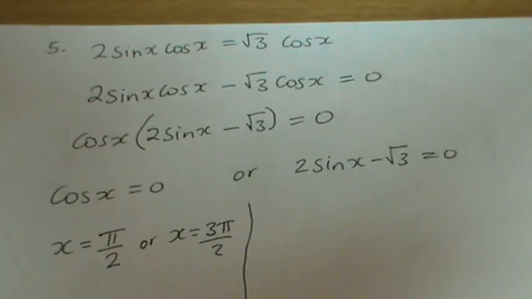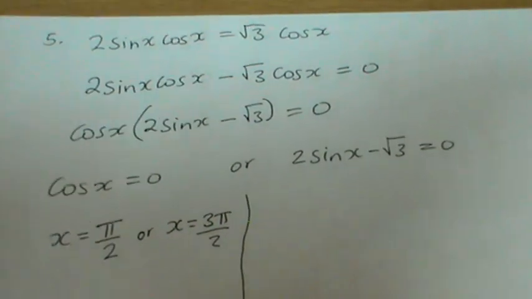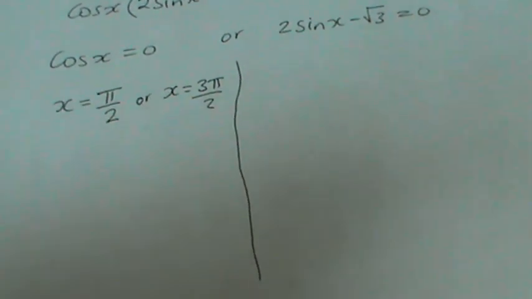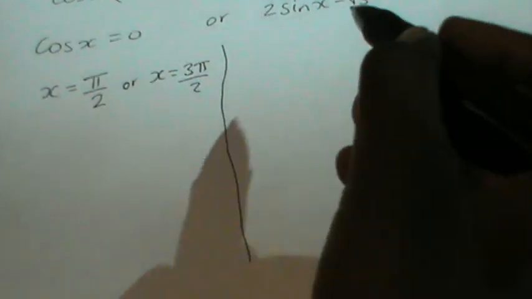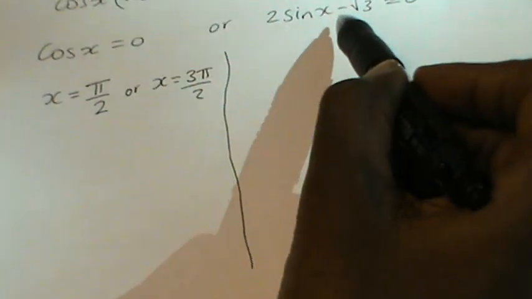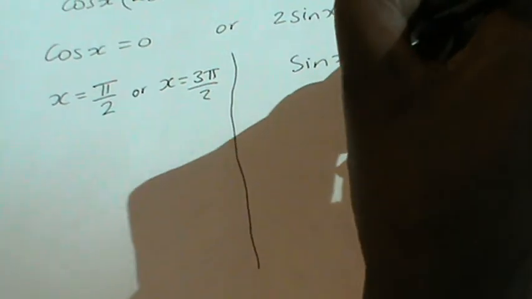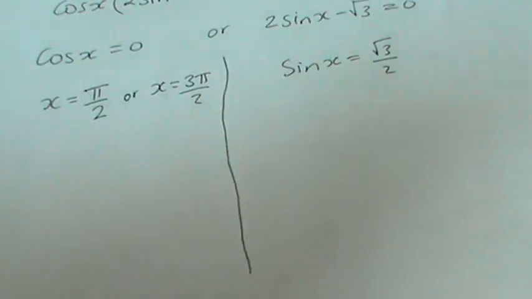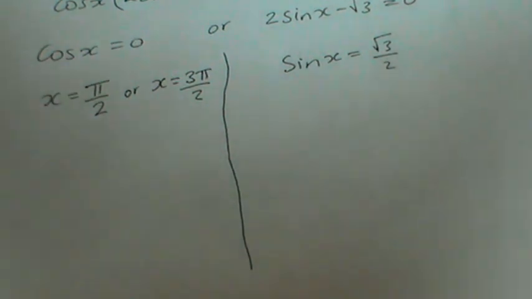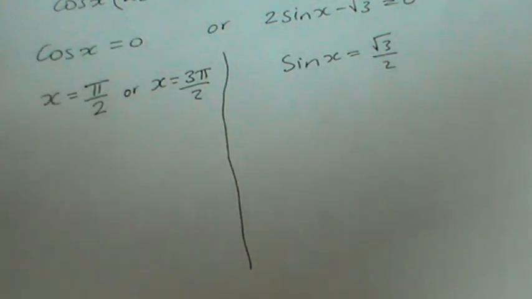I'm just going to split my page up a little bit. When I look at that one, I need to make sine x the subject of the formula. So I have sine x is equal to the square root of 3 over 2. Then I need to find my reference angle.